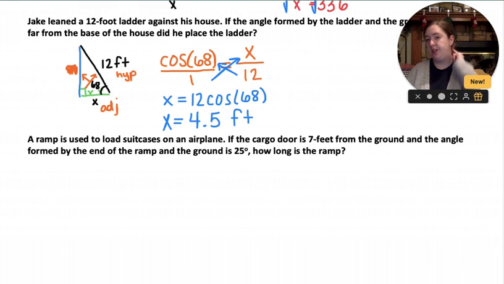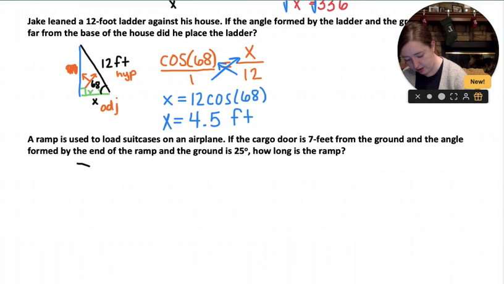Okay, a ramp is used to load suitcases onto an airplane. If the cargo door is 7 feet from the ground and the angle formed by the end of the ramp and the ground is 25 degrees, how long is the ramp? So first of all, we have this long ramp. Lovely. And it says that the cargo door is 7 feet off the ground.